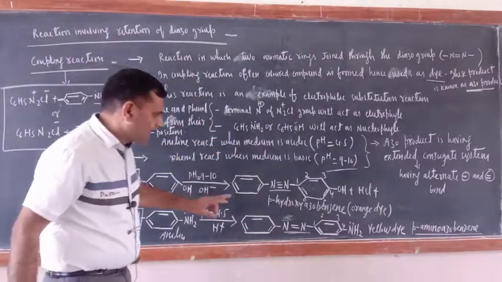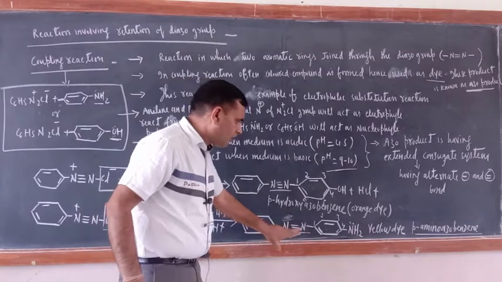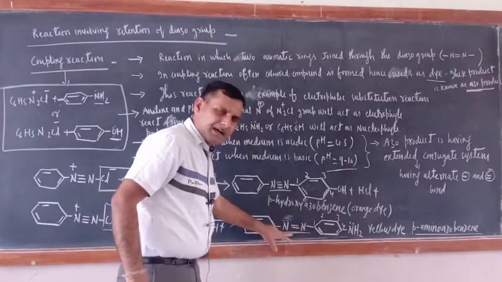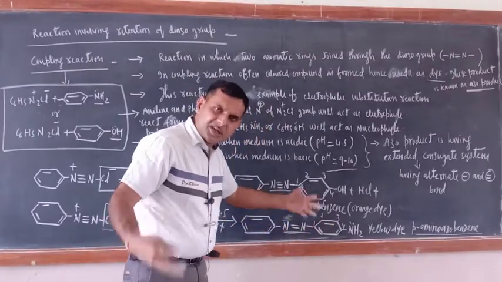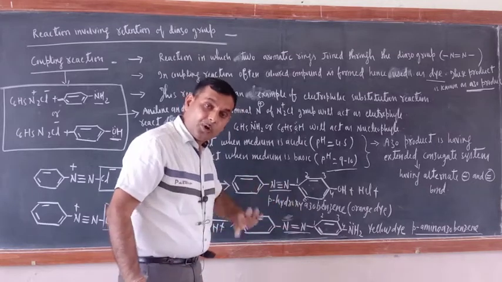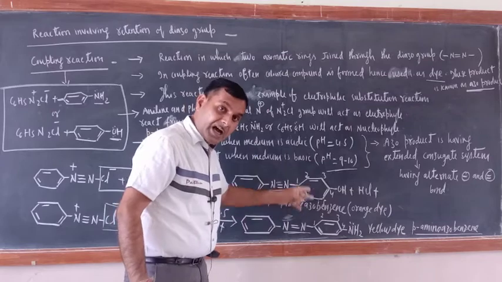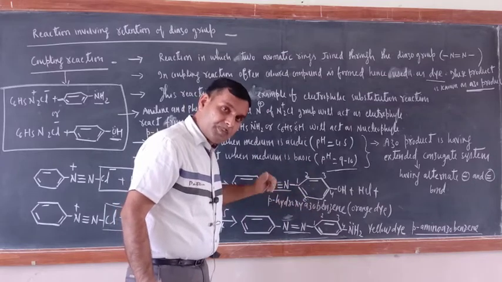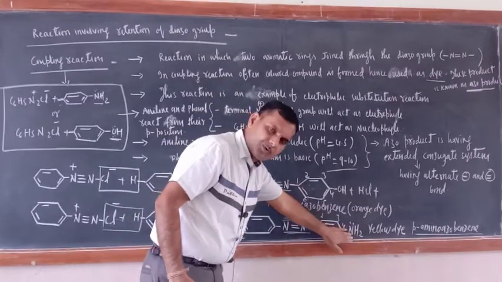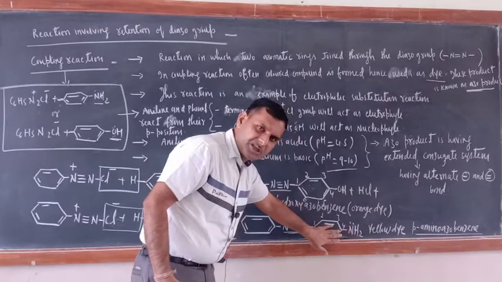Now just see, you will say, sir, para aniline? No, the azo word itself tells that two benzene rings are joined, so there is no need to say dibenzene. Para amino azo benzene. It is understood that the para word means a benzene ring is there.